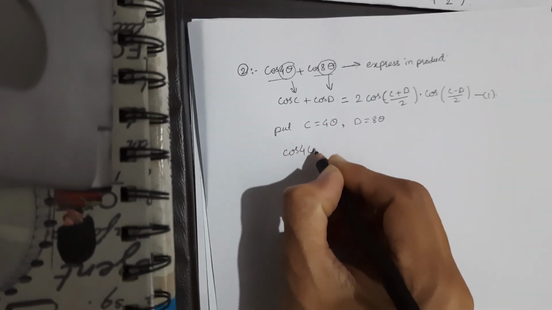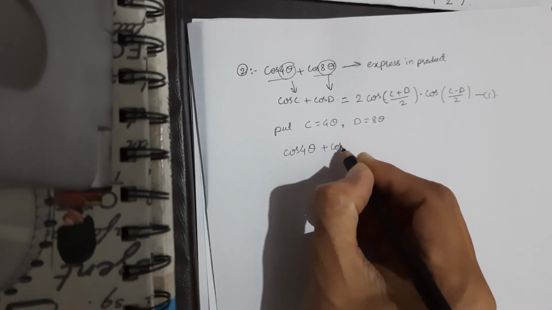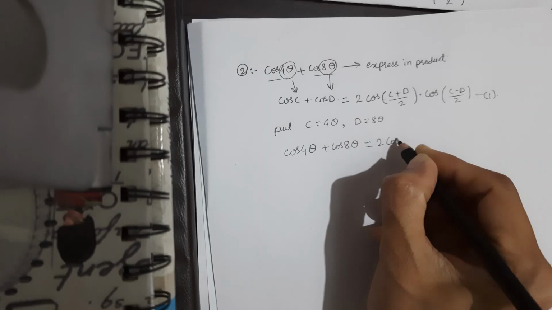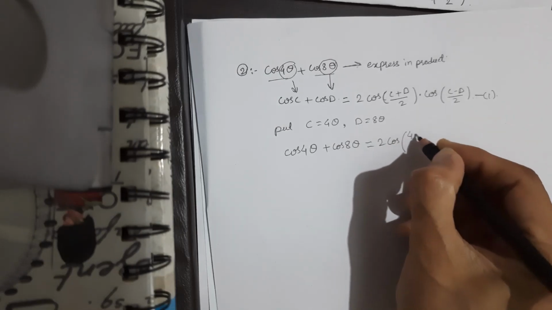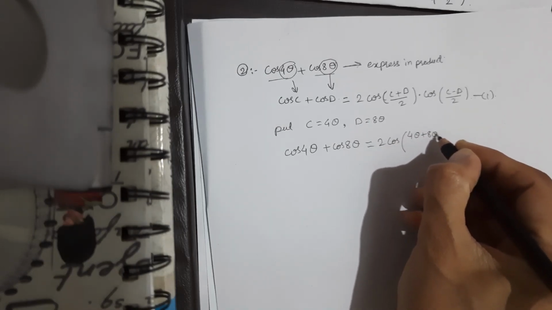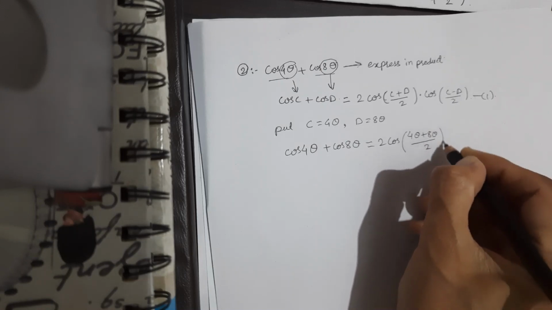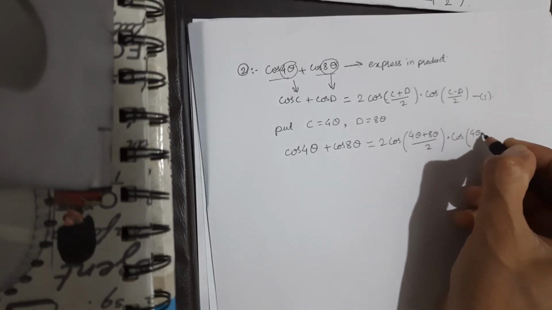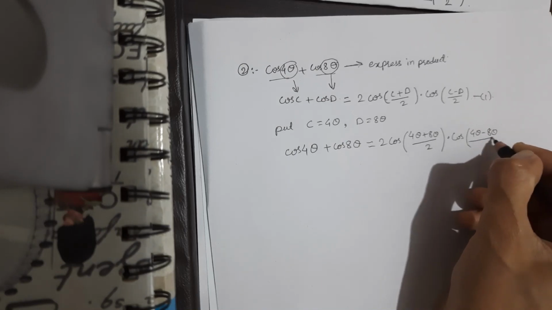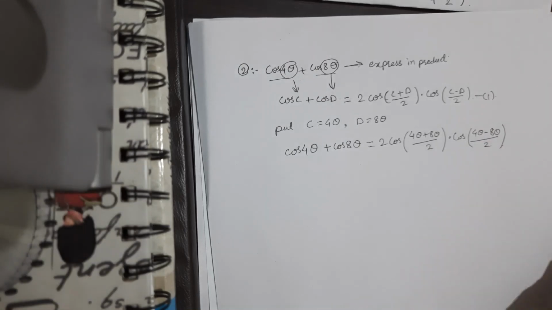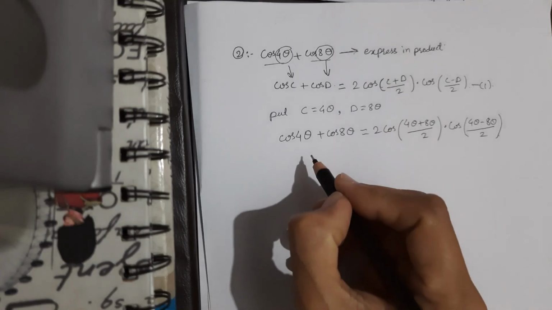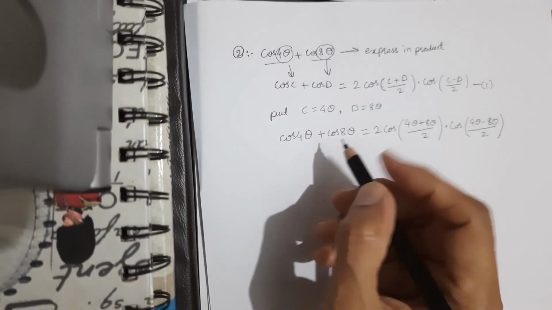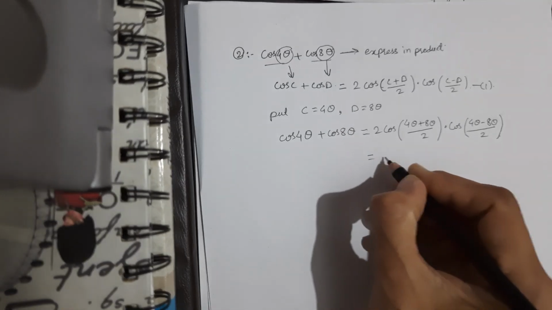Cos 4 theta plus cos 8 theta equals 2 cos (4 theta plus 8 theta) divided by 2 into cos (4 theta minus 8 theta) divided by 2. I just substituted the values here, nothing fancy. So now I just simplify it.